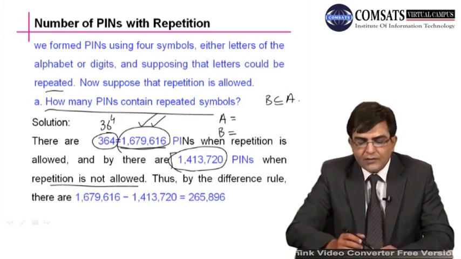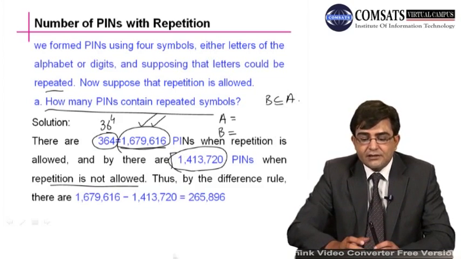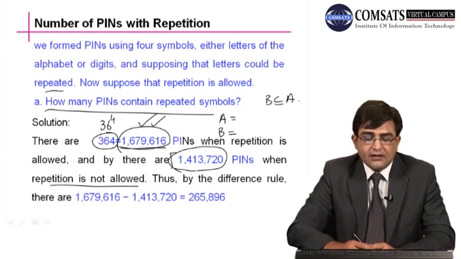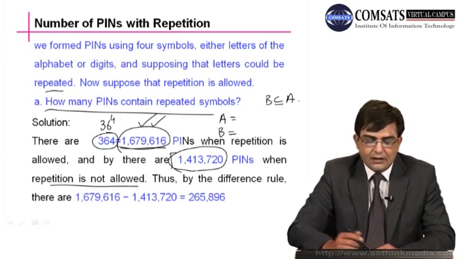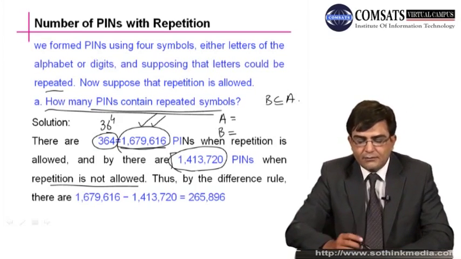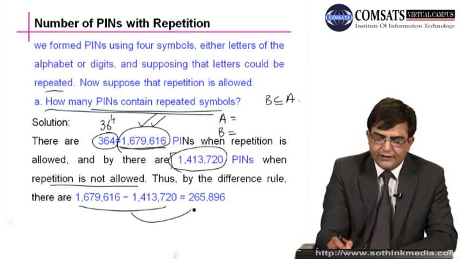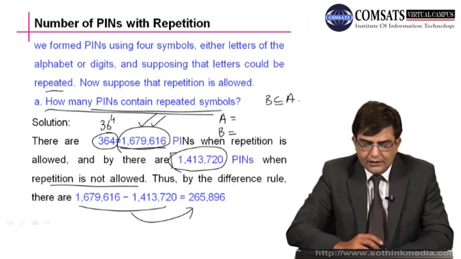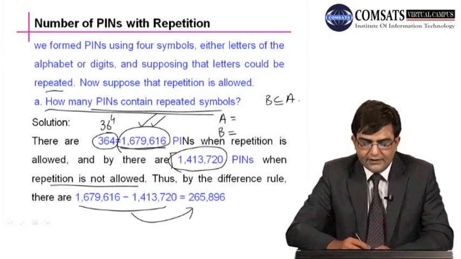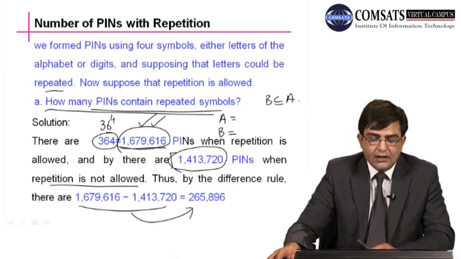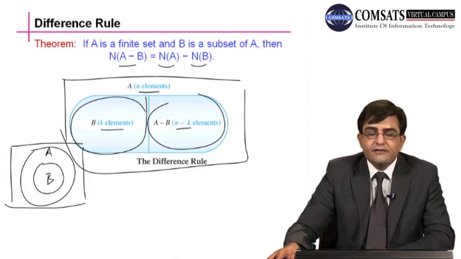To calculate the pins in which there must be repetition, you can say how many pins contain repeated symbols, if we subtract this number from this number, we can calculate the number of pins in which there must be repeated symbols. So this we have calculated by using the difference rule here.